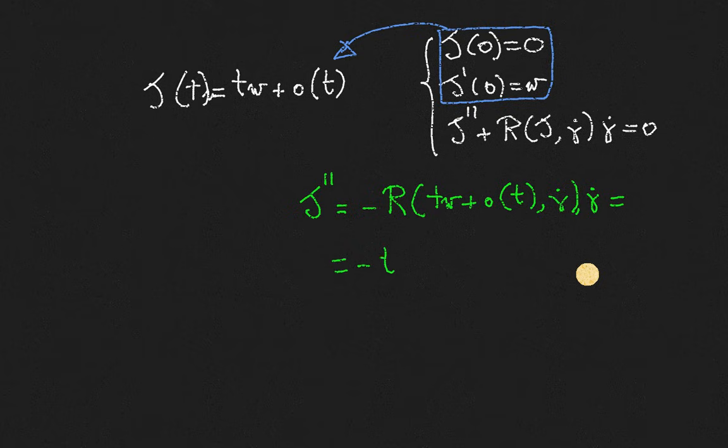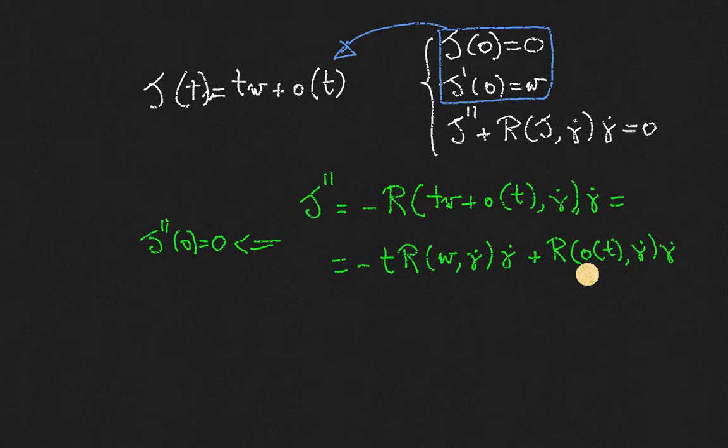To minus t gamma dot, well, plus or minus, who cares? Something like this. And this implies that the second derivative is 0.